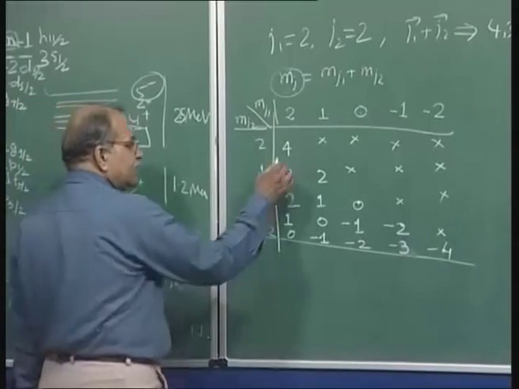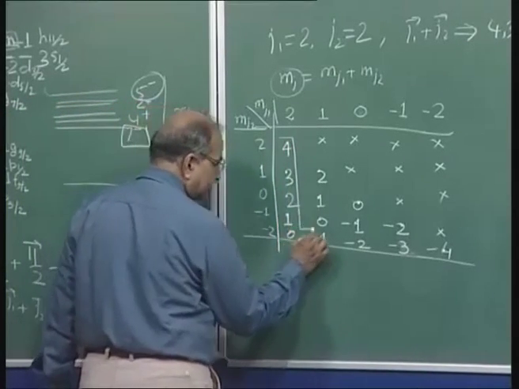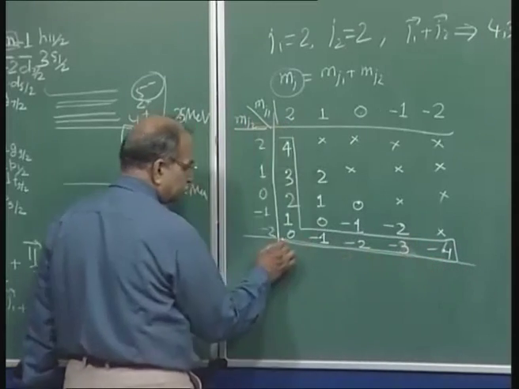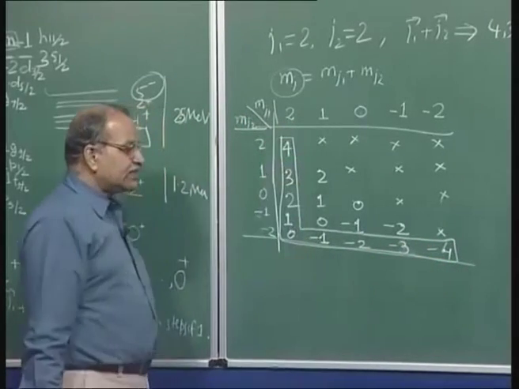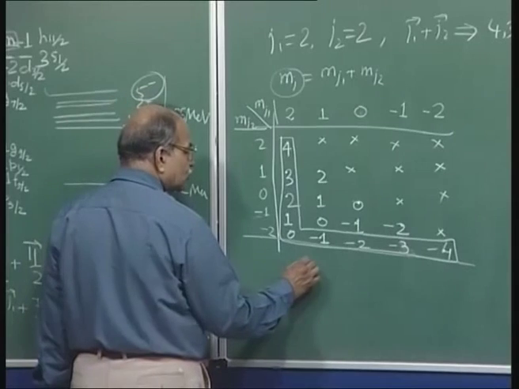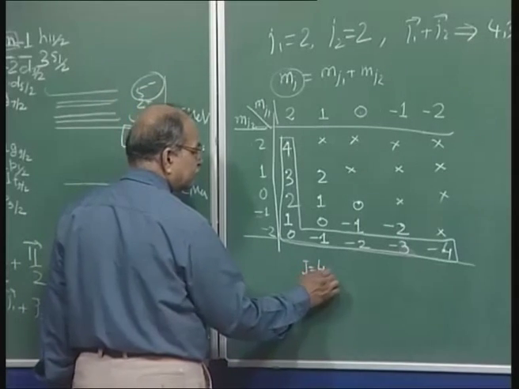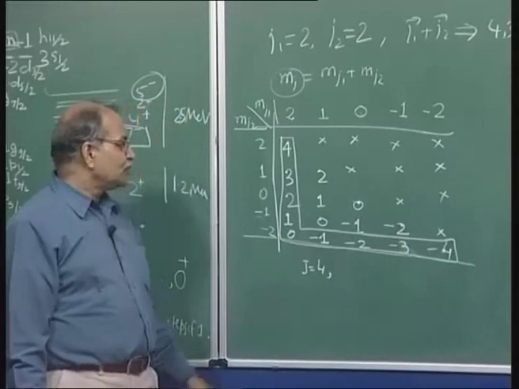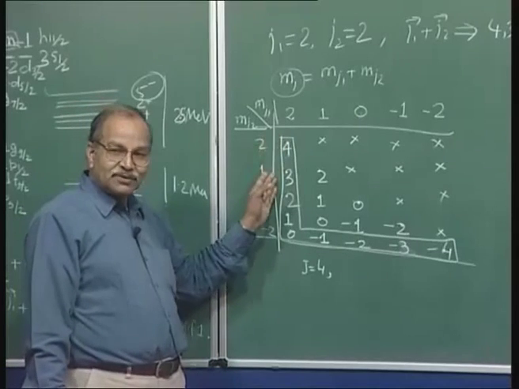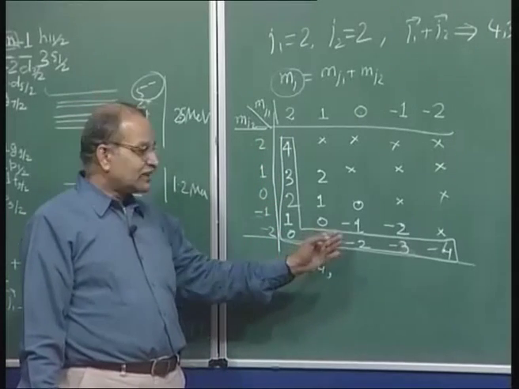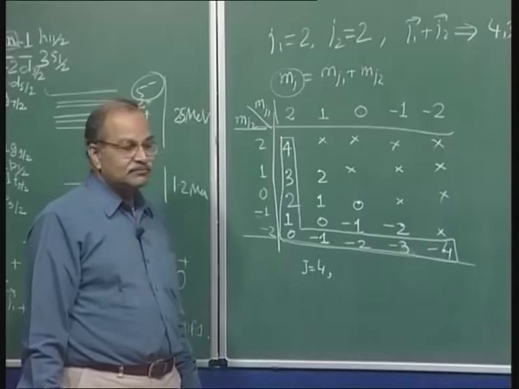So, if I take these mj values, they will correspond to j equal to 4. For j equal to 4, you should have mj equal to 4, 3, 2, 1, 0, minus 1, minus 2, minus 3, minus 4.